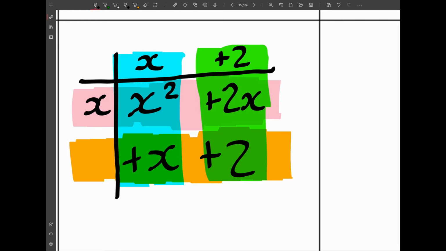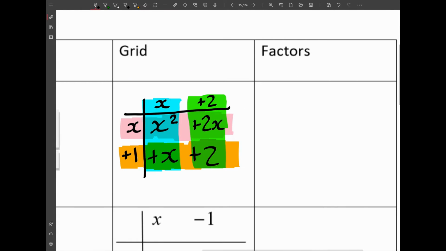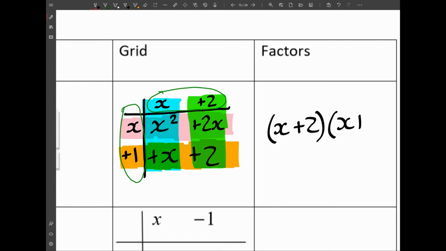And like we've always seen in the past, if there's no greatest common factor, then they have a greatest common factor of 1, right? We can always divide something by 1. So then what we get are these 2 binomials. So our polynomial can be written as x plus 2 times x plus 1.